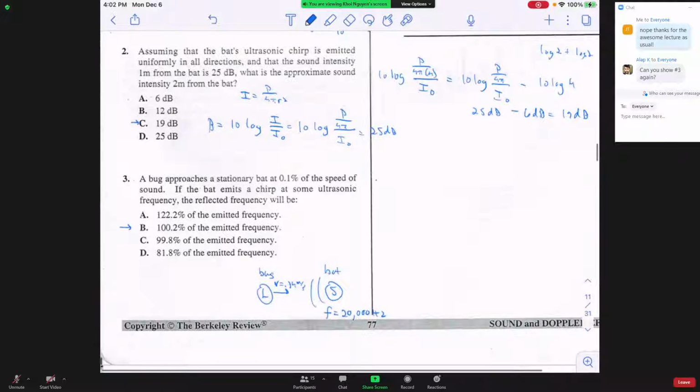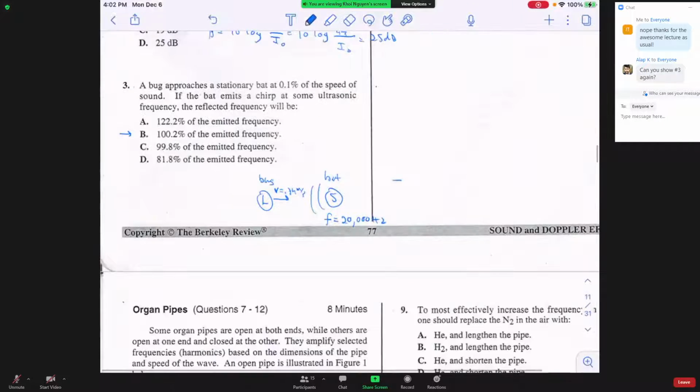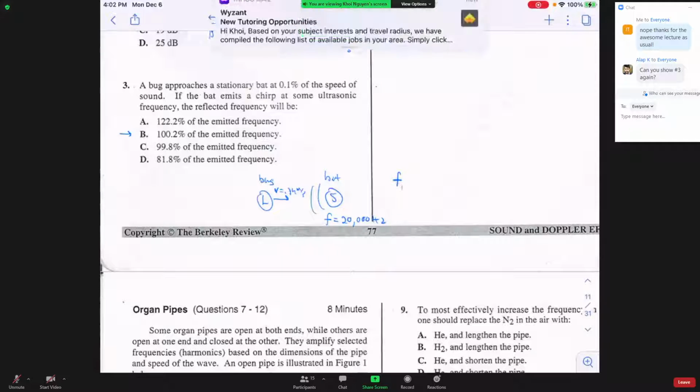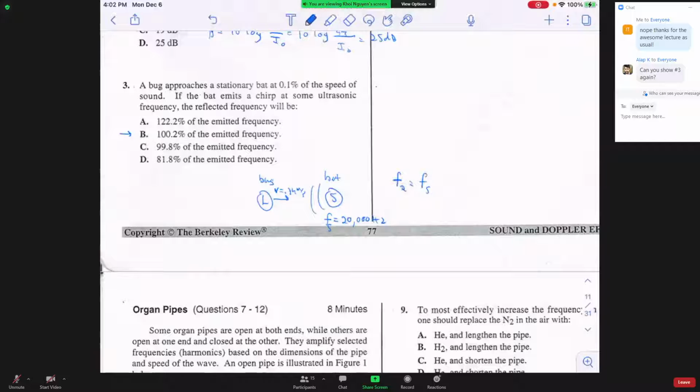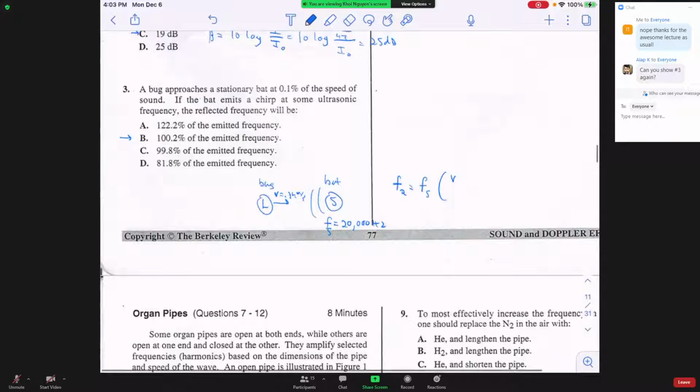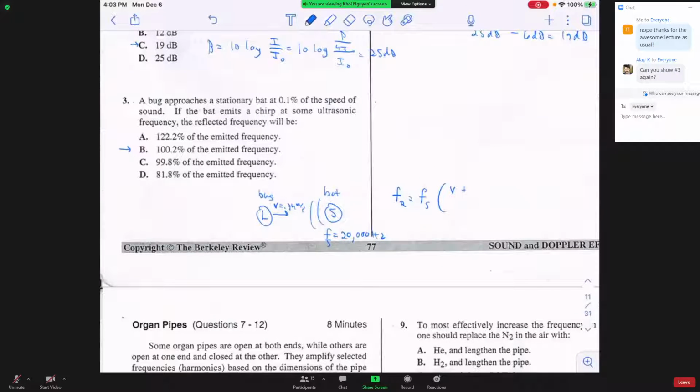So if you think about it, the reflected frequency is simply the frequency emitted by the source, which is 20,000, times the speed of sound plus the speed of the bug, all over the speed of sound minus the speed of the bug, right?